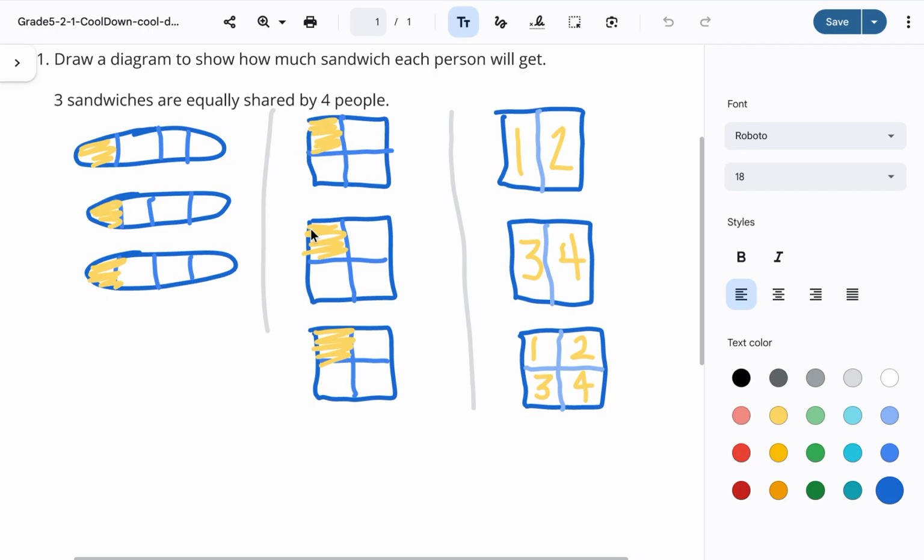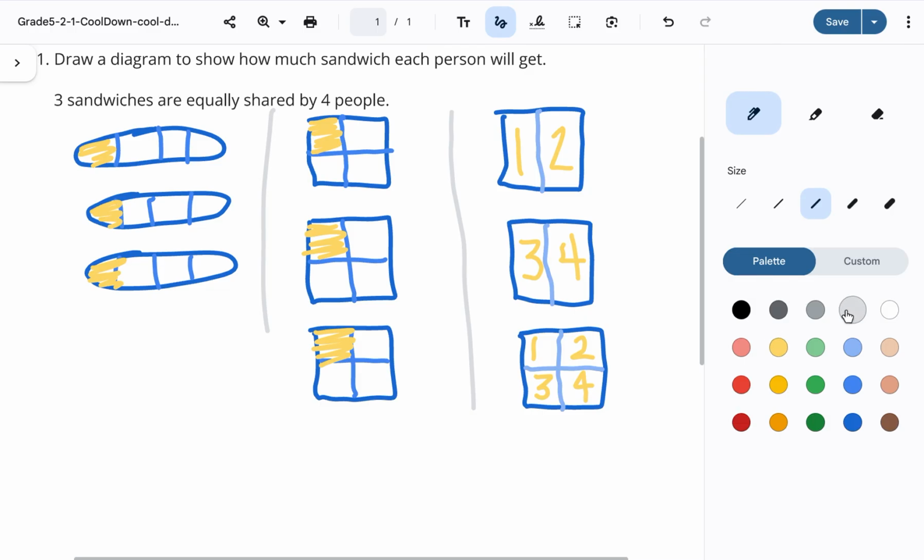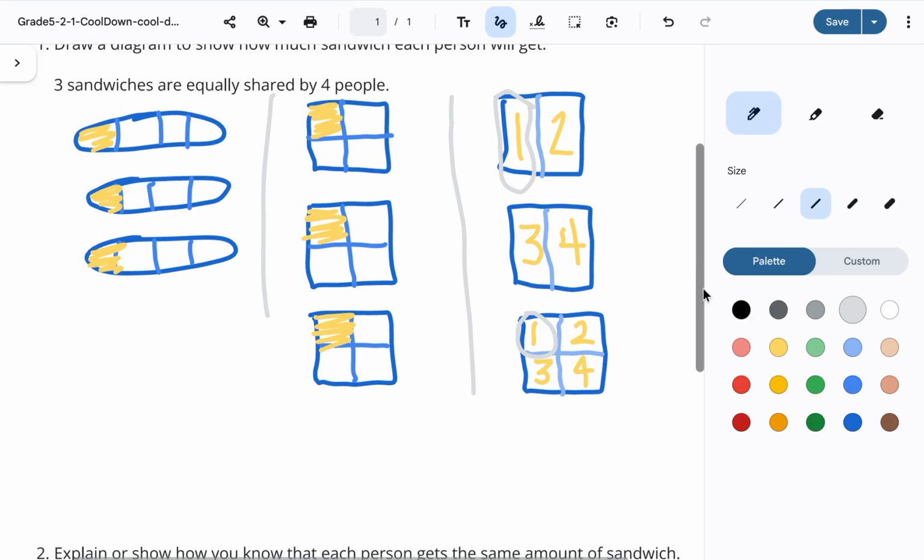Here I see 1/4, 2/4, 3/4 in the area model. And here I see, let me circle this. Here I see 1/2 and 1/4. Well, a half plus a fourth equals 3/4. So no matter how you slice it, we are seeing that idea of 3/4.